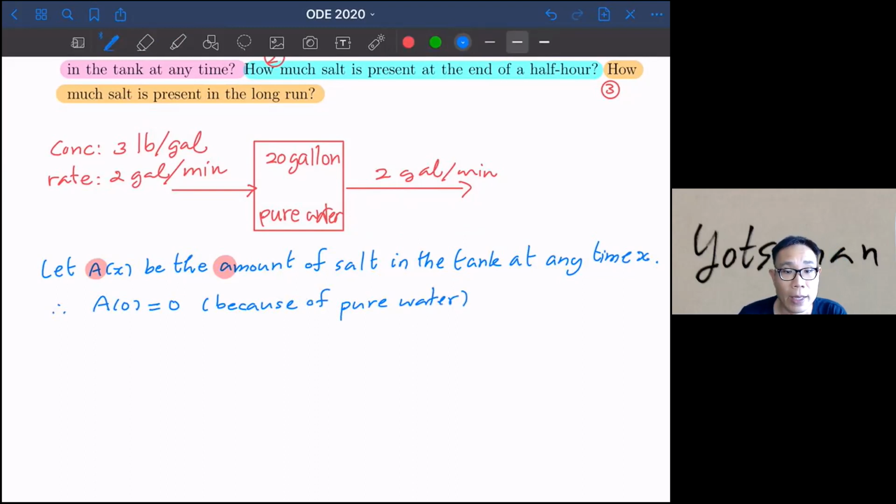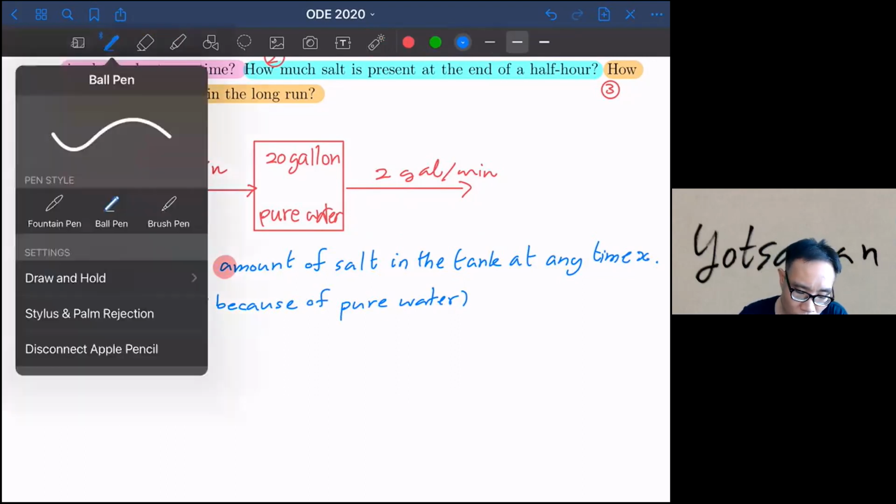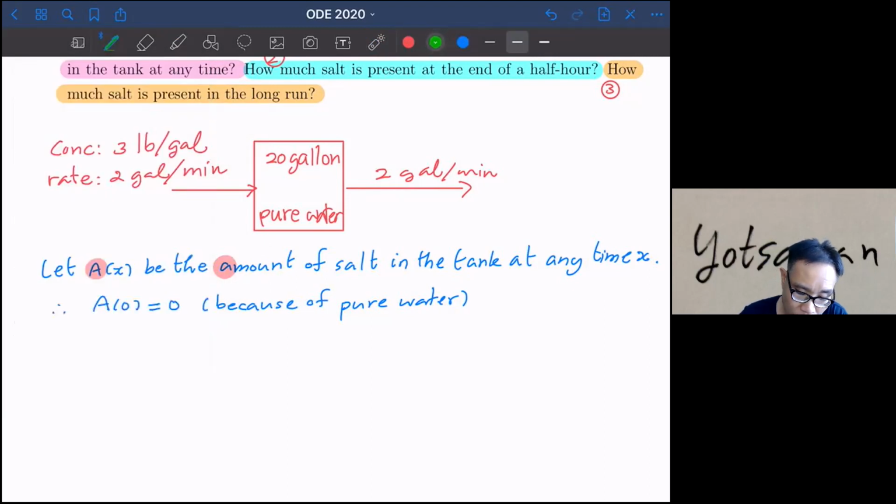According to this diagram, we'd like to know the amount of salt flowing into the tank. We know the concentration and the rate of the brine flowing into the tank, so we can compute the amount of salt. It is the product of 3 and 2.